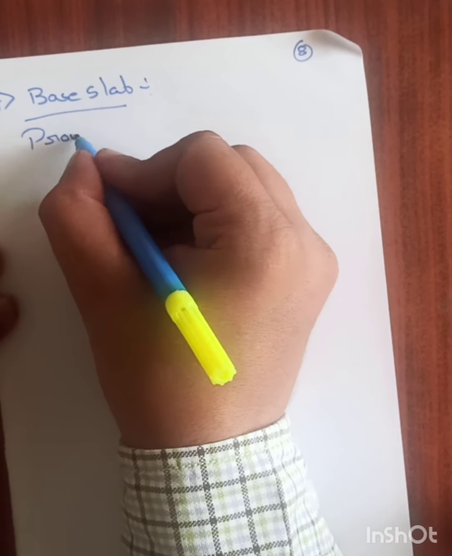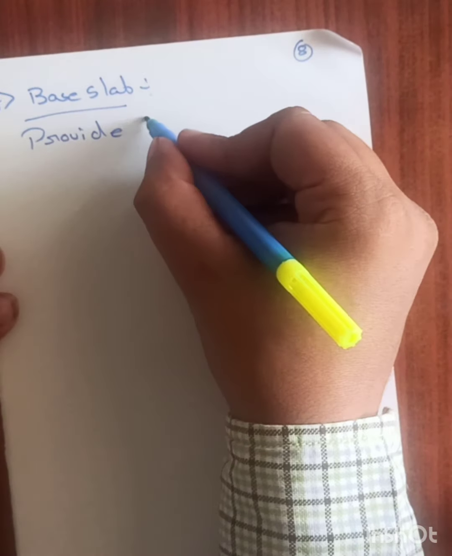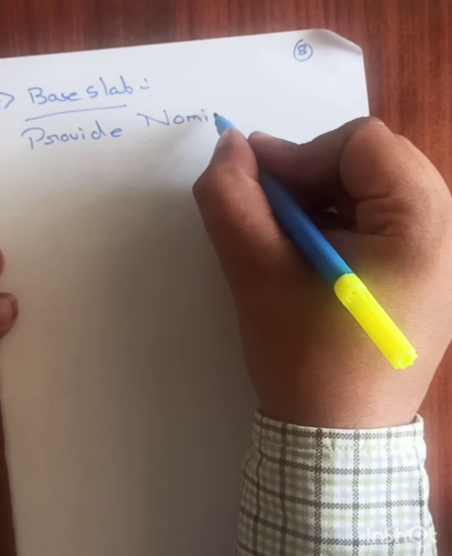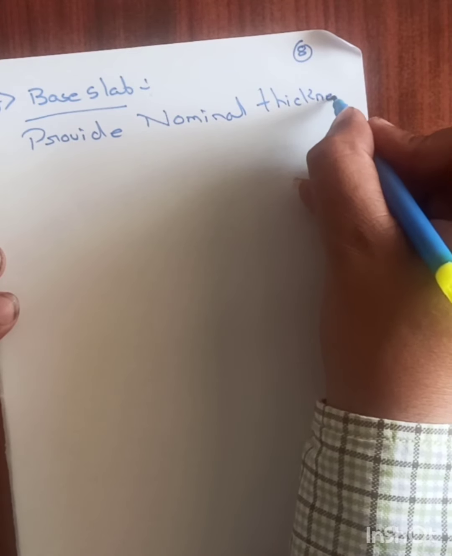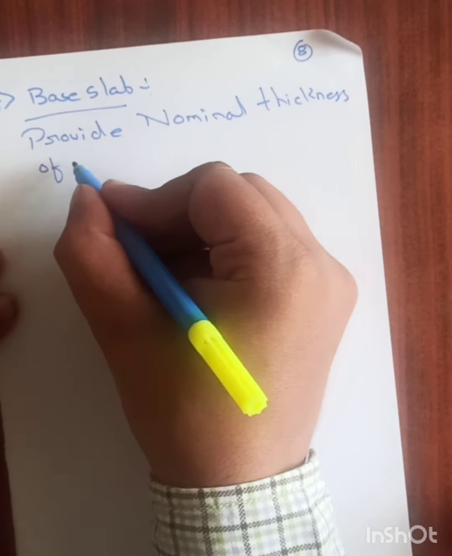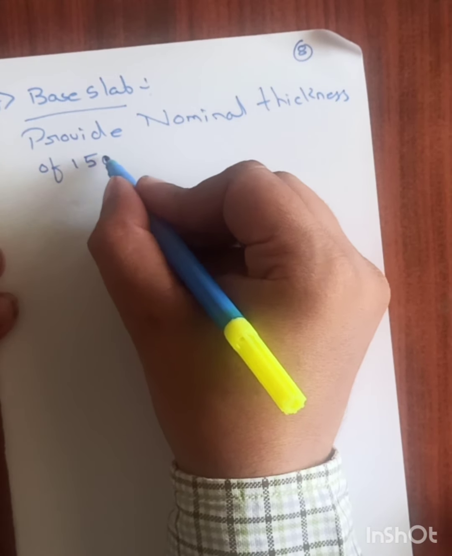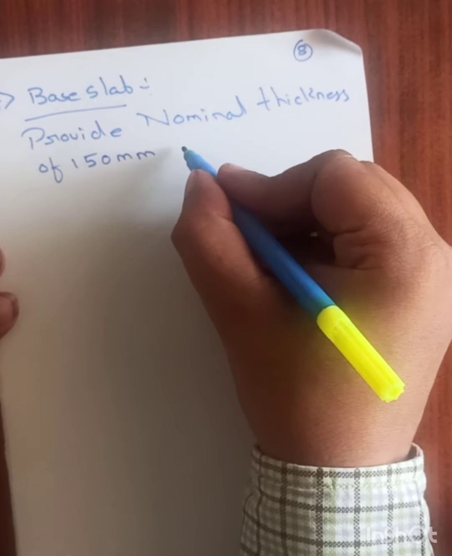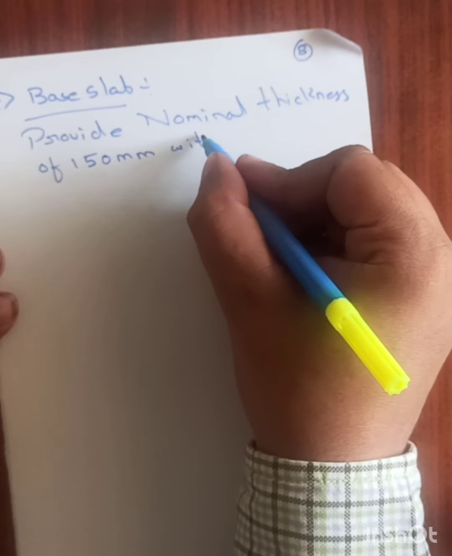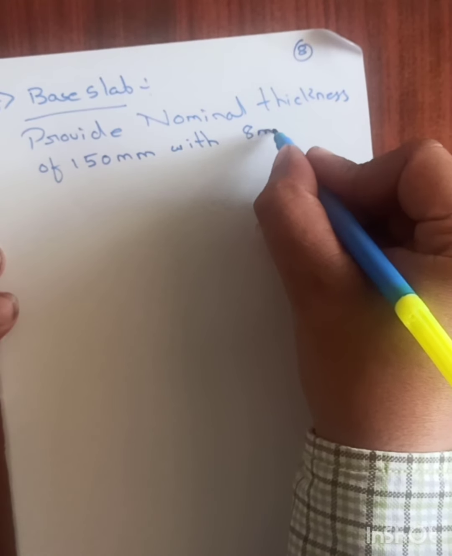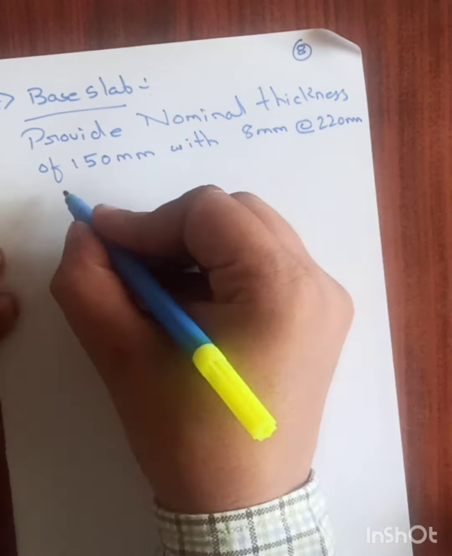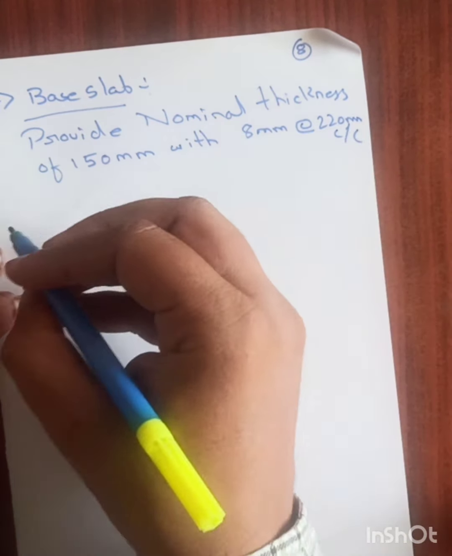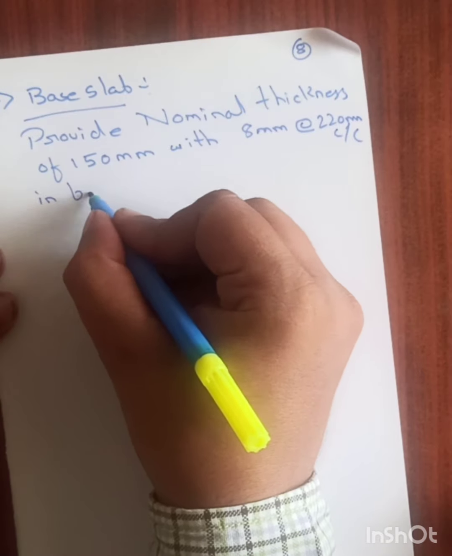Provide nominal thickness of 150 mm with 8 mm bars at 220 mm center to center in both directions.